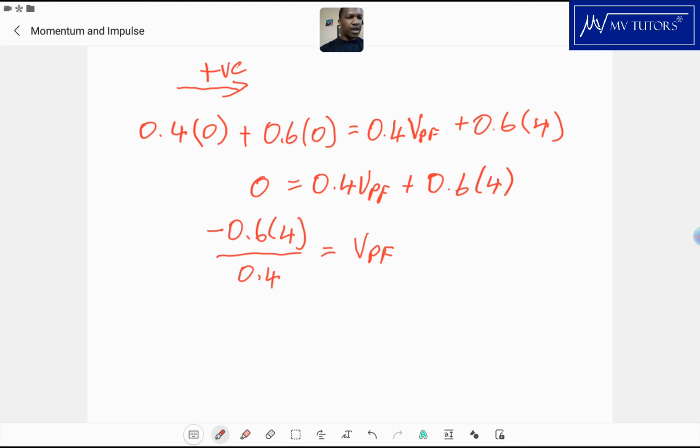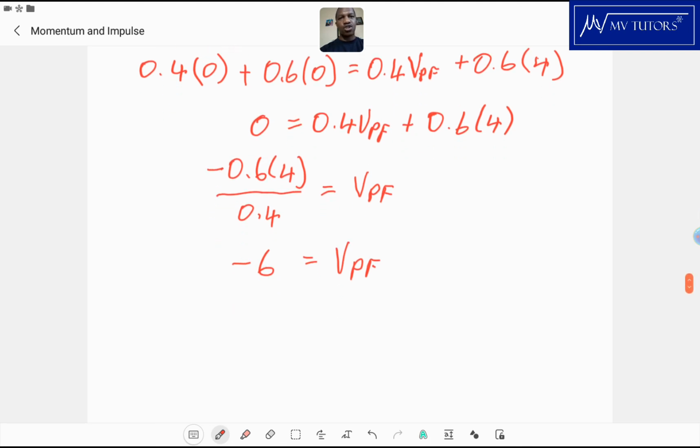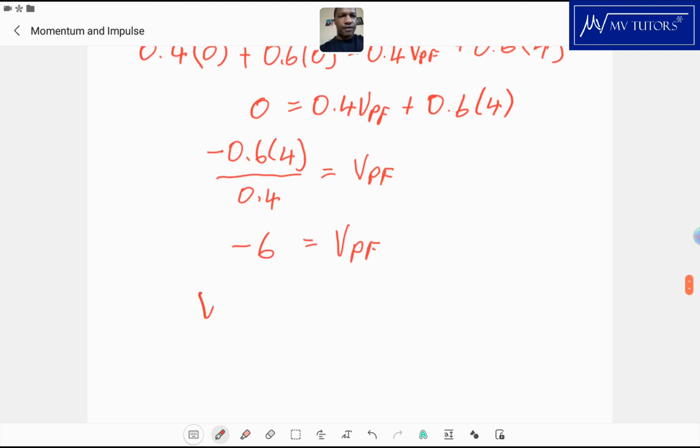Now if I put this in a calculator, I will get minus 6. That's my VPF. Now what does this mean? Remember that we are talking about a vector, so if it's minus, it just means a change in direction. So what this means is that VPF is equal to 6 meters per second to the left.